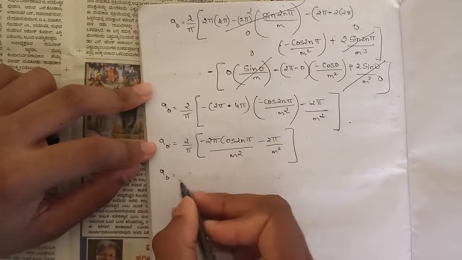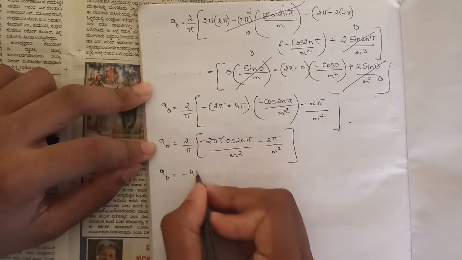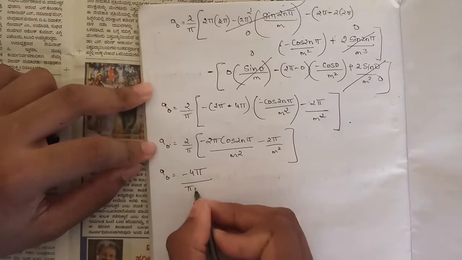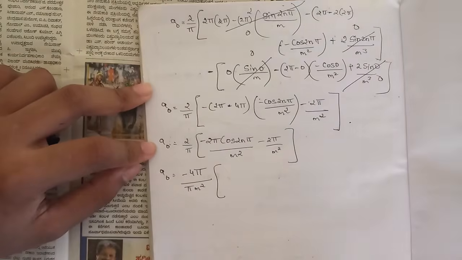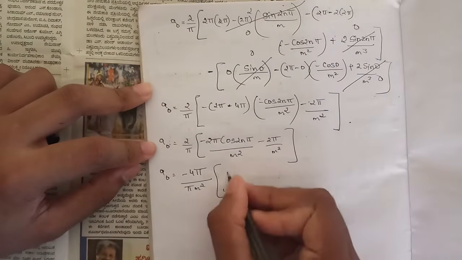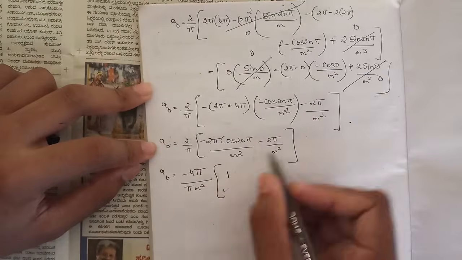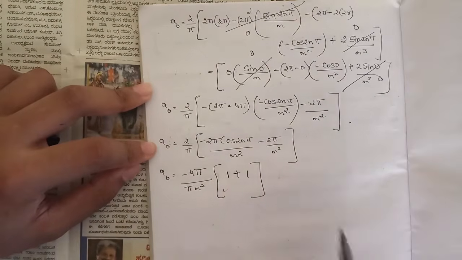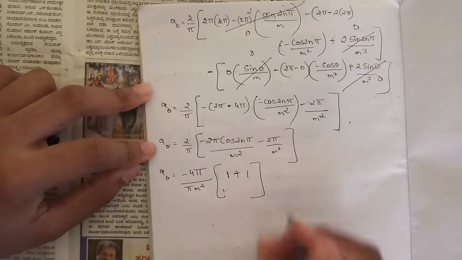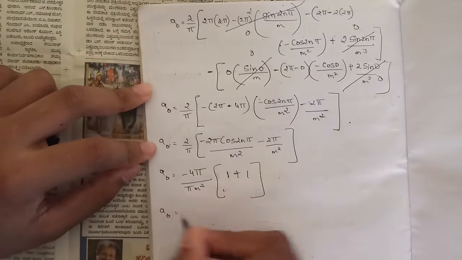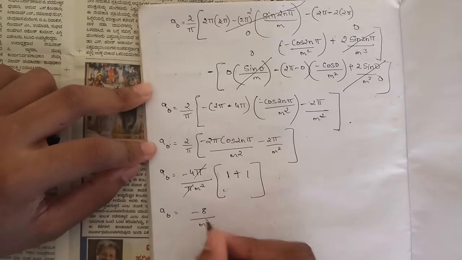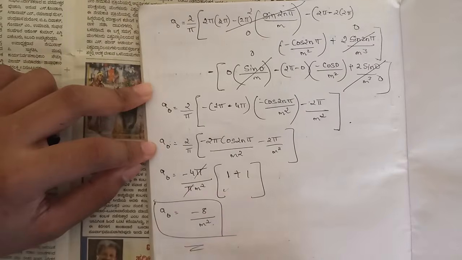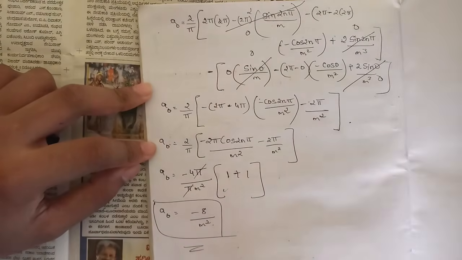So it becomes minus 4 pi by pi n square into the value of cos 2n pi is 1. We have seen it. And plus 1. Minus 8 by n square. So this is the value of a naught.